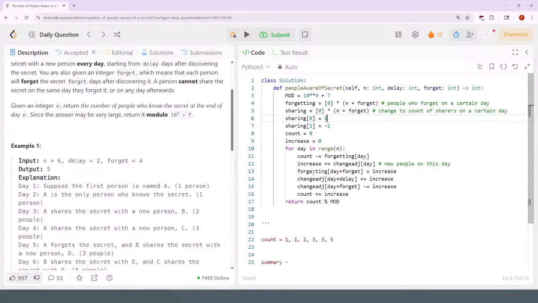So this is maybe the number of shares and the number of people who know the secret, and the number who will share the secret.